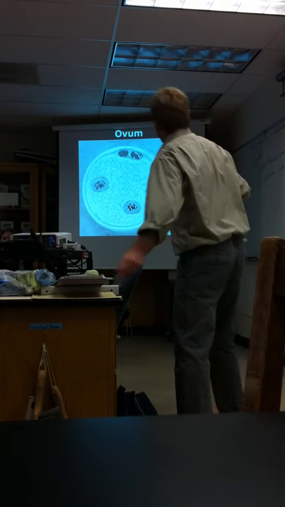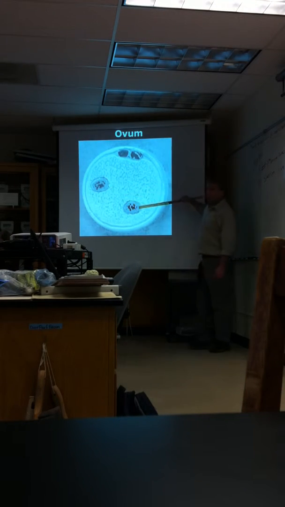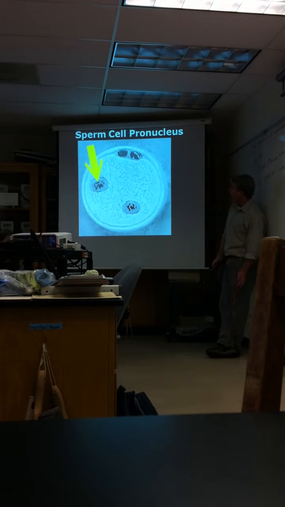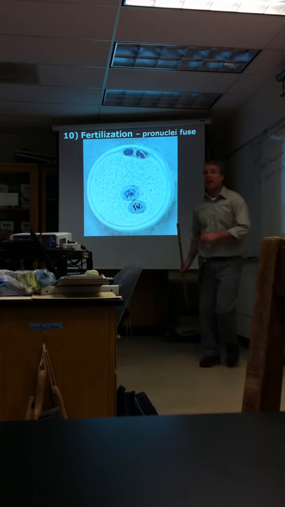But an ovum would be a cell that would have two pronuclei. One of the pronuclei would be the pronucleus of the sperm cell. The other would be the pronucleus of the ovum. And so the ovum technically wouldn't be around too much because soon after the ovum is there, you're going to have fertilization.